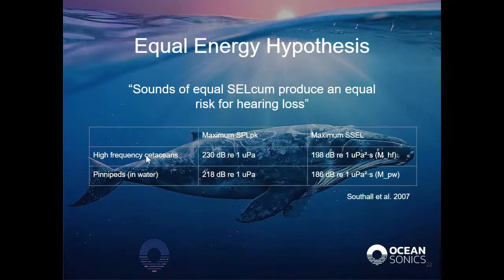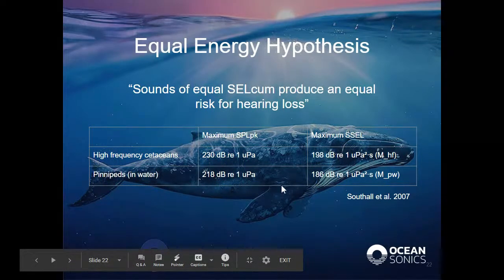So for cetaceans with hearing ranges that are high frequency, for SPL peak, it's 230 dB. For the SEL, it's 198. For pinnipeds, so like seals, it's a bit lower. But it's a concrete example of why measuring these metrics, SPL and SEL, is important and is being directly related to impact on marine life.